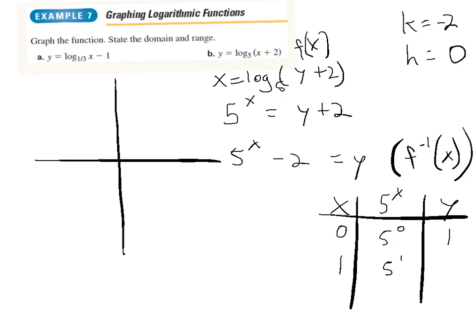So our OG graph of our exponential without shifts starts at 0, 1. Oh, you know what? Maybe I'll make that a little lower. So let's fill this in. And then we'll go right here, buckle up our sleeves, and away we go. So 0, 1. Okay, and then 1, 5.